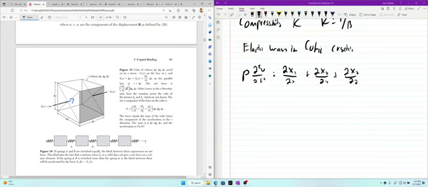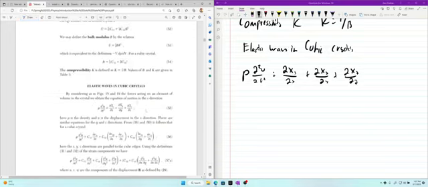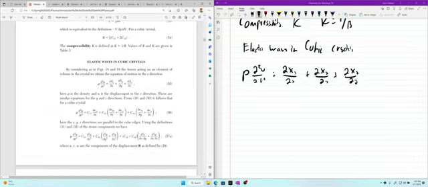Here rho is the density, mass over volume, and u is the displacement in the x direction. We have similar equations for the y and z directions.